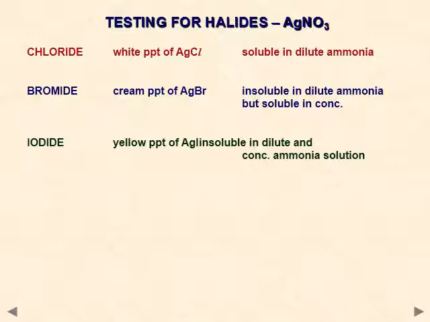If it is a white precipitate, it will dissolve with a few drops of aqueous ammonia, and the solution will turn colorless. If it is silver bromide, an off-white precipitate, because usually white and off-white are quite confusing, you start adding dilute aqueous ammonia solution, the precipitate will not dissolve, rather its intensity will become lesser and lesser.